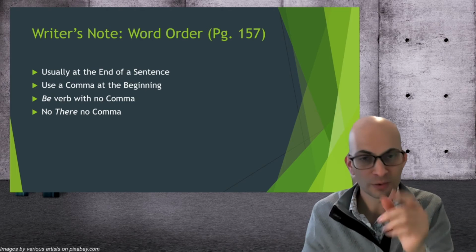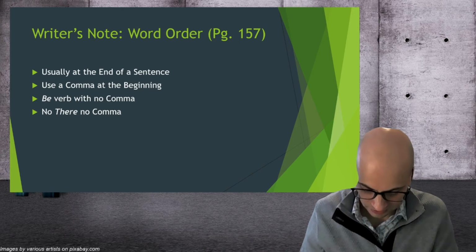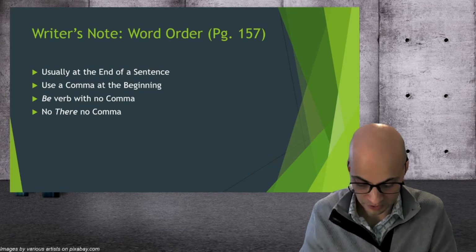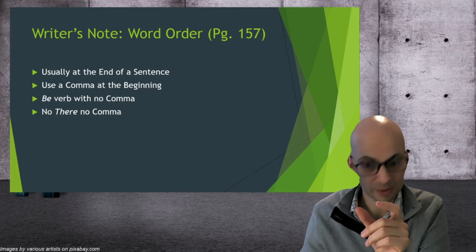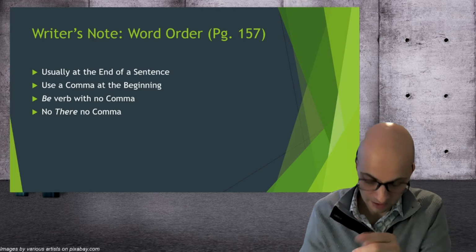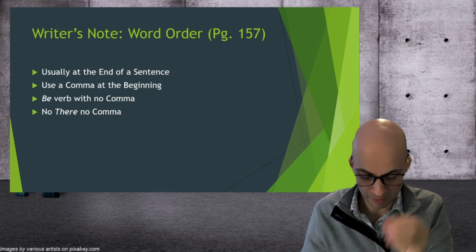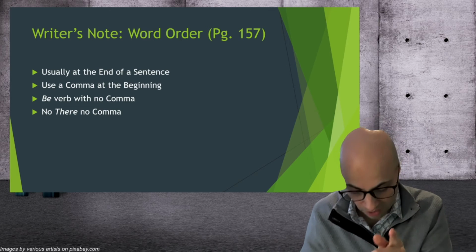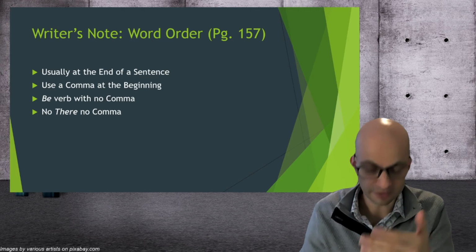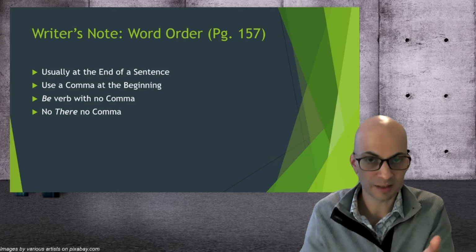Use a comma when we move it to the beginning of a sentence. And we can see some examples here. Okay. On the floor, okay, that's the prepositional phrase, comma, there were many papers. On top of the television, comma, a flat, fluffy cat was sleeping.